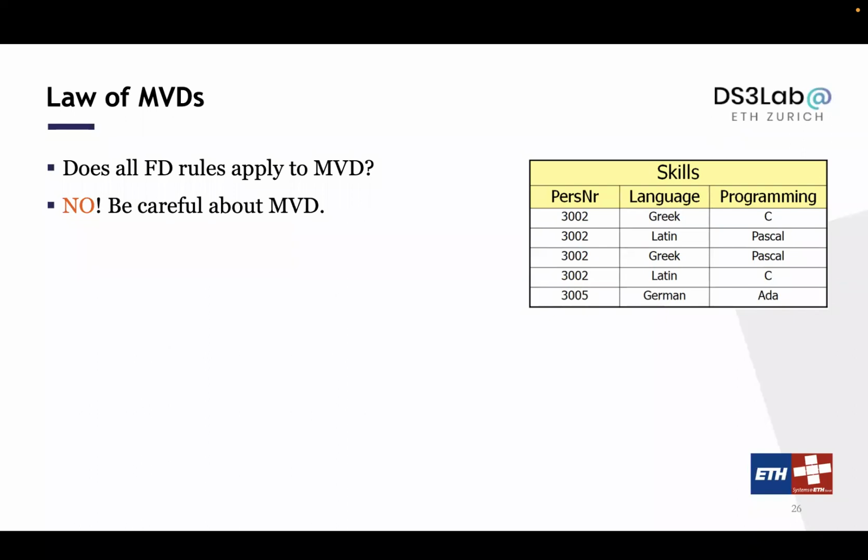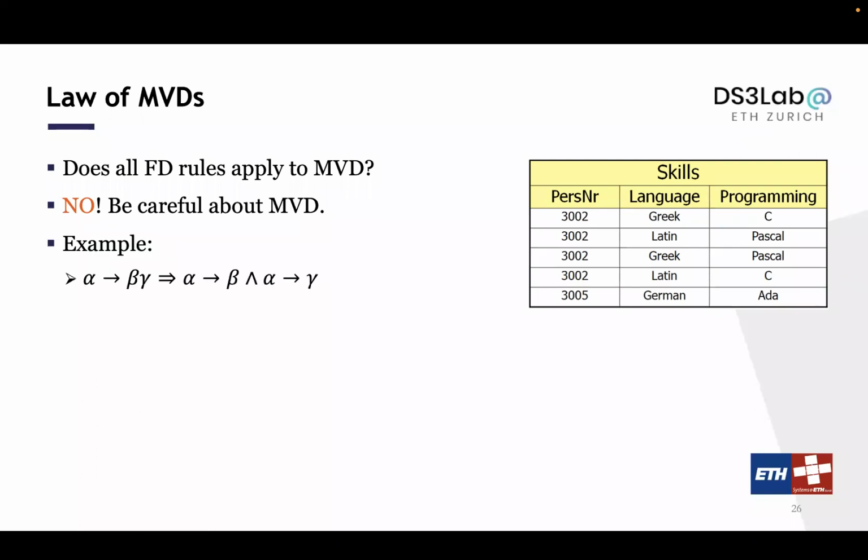Some of the rules look very natural in the context of functional dependency, but are going to be very different in the context of multivalued dependency. An analogy would be when we talk about the set semantics and the bag semantics of relational algebra. There are a lot of rules that look very natural when you think about sets, but when you have multisets, they're going to have a different collection of rules.